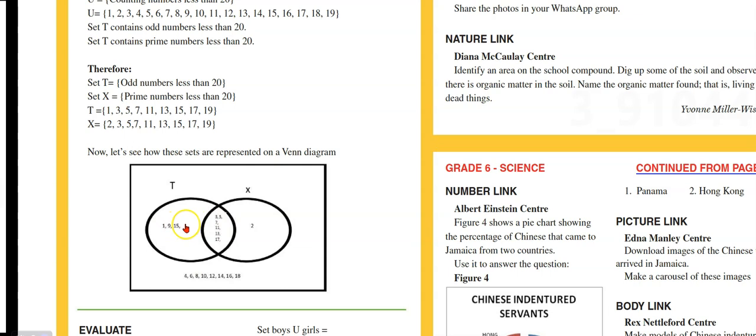Because it would be set T being odd numbers less than 20, I think we need 19 as well. Because why would 9 be left out? Look, see 9 here. But in set T with odd numbers less than 20, I see 1, 3, 5, 7. We should have 9, 11, 13, 15, 17, and 19. So I think 19 should be here as well to represent the odd numbers. So we'd have our 9.